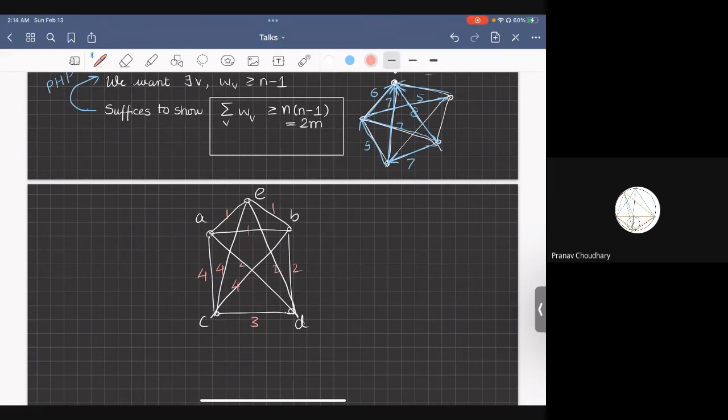I'm just thinking about that. Does it occur in? You can take like B, A, E, B, C, D. Oh wait, BC is 4. No, we can't do it. Yeah, like that. That doesn't work.